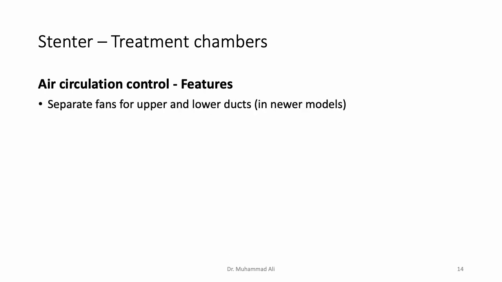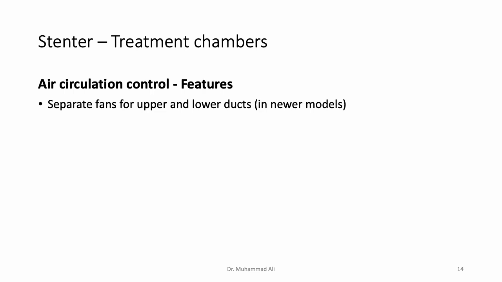The third feature to maintain uniformity of air circulation is to have separate fans for the upper and lower ducts. Now, I've not used any image here of a Stenter in which there is only one circulation fan. But in older models, you will find in the industry that the upper and lower ducts were fed by a single circulation fan.